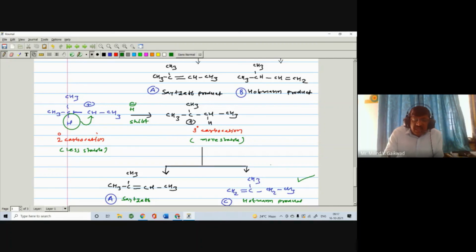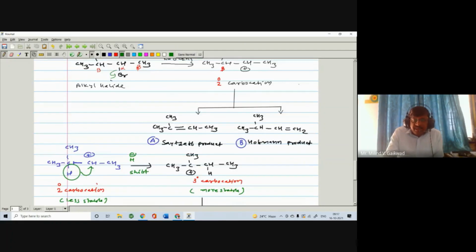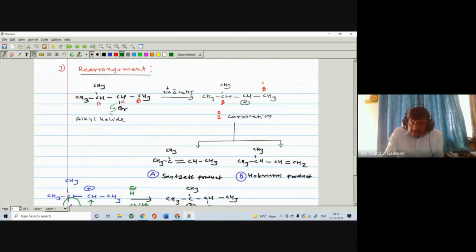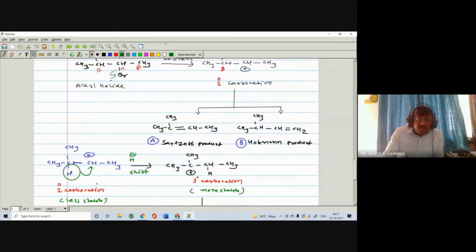So we can say that the reaction takes place with rearrangement. The formation of compound C takes place only if it follows the E1 mechanism. In the E1 mechanism, there is formation of a carbocation, and if the structure permits, the less stable carbocation undergoes rearrangement and you get the corresponding product.